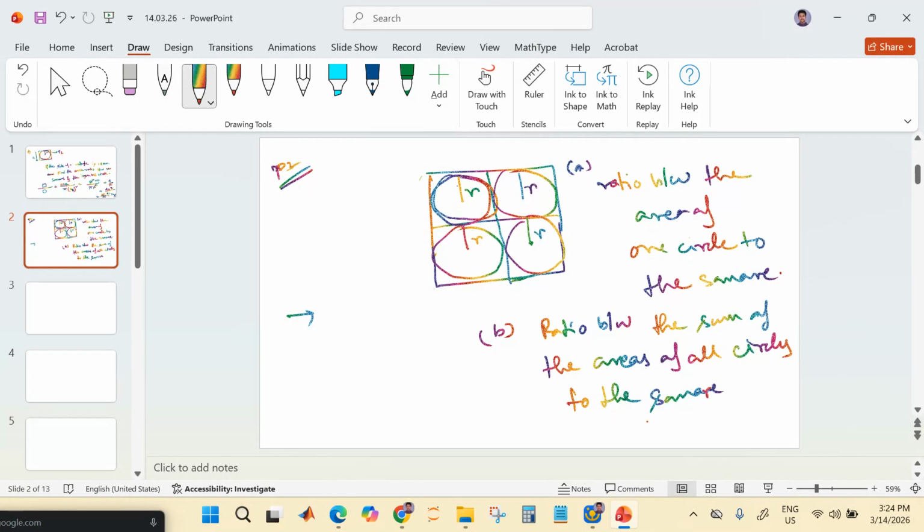I framed two questions, same problem, same diagram, two questions can be framed. So this is A and this is B. You have to first find the ratio of one circle to the square, and secondly you have to find the ratio between the sum of the areas of all the circles to the square.